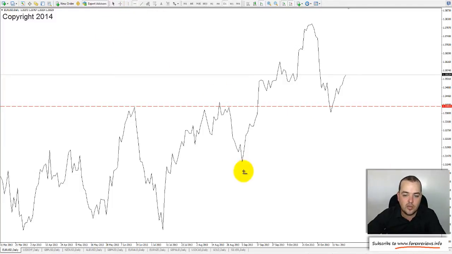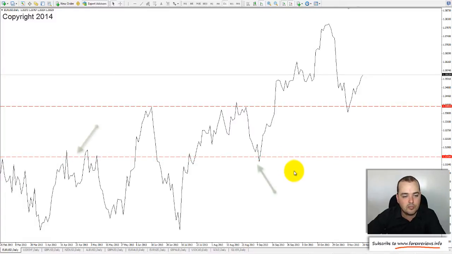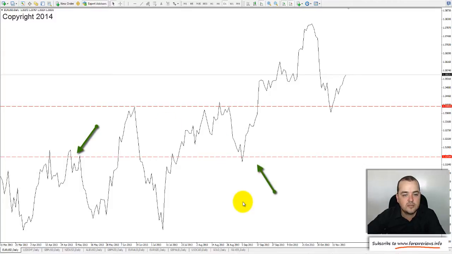Okay, so let's draw in another one, right? Now, as you can see on the line chart, it gives some clear areas where these support and resistance zones are. Like I told you before in the previous part, just before we went to the charts, these are zones. They have buffers.